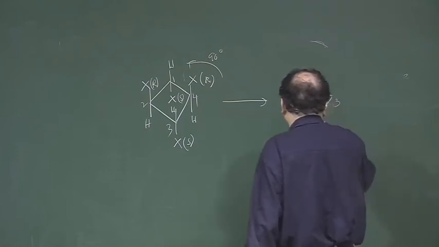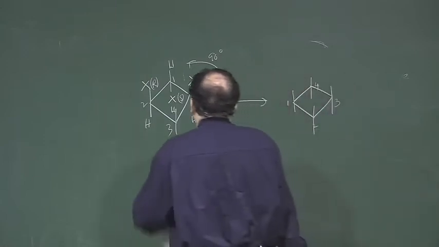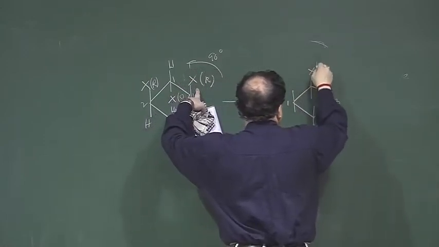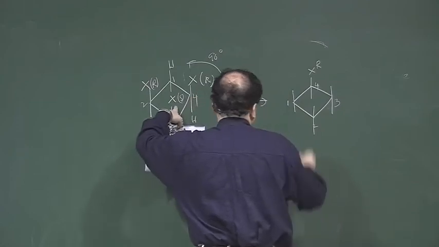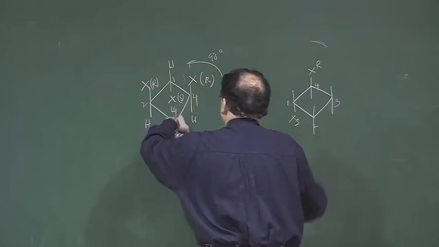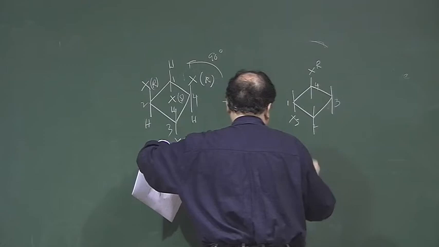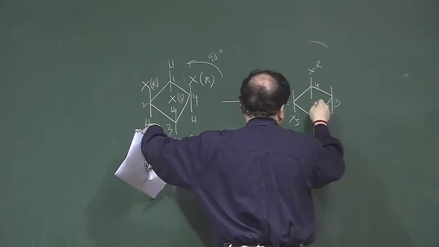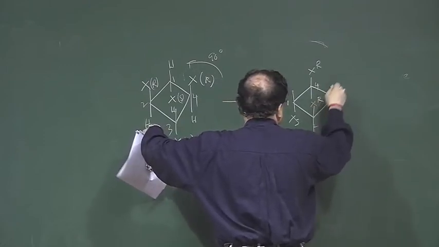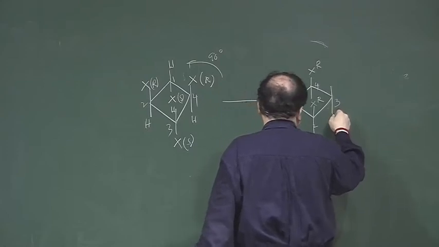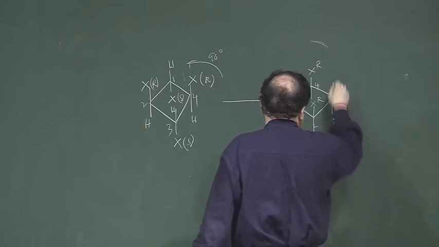So, where are the groups now? X R will be here, X S will be here, because that was attached to the 1, then your 2 X R will be here, and this is your 3 carbon, X S is here. Put the hydrogens.